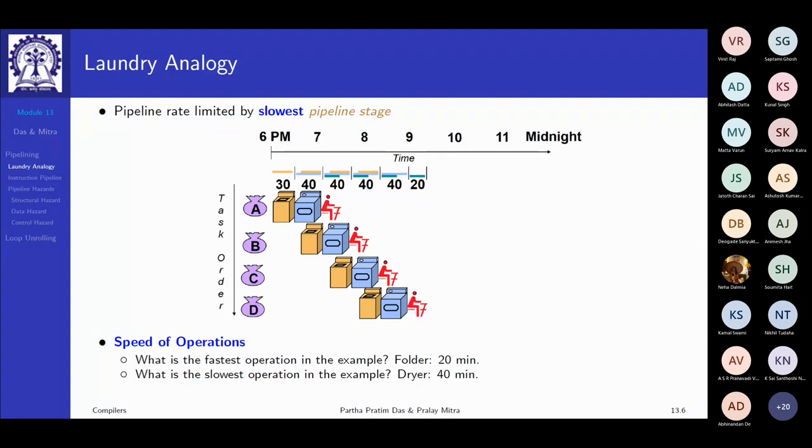Because that will have to be done for everyone. So here, as we see, the folder has the fastest operation speed of 20 minutes, whereas the dryer has the slowest. So this is the controlling, deciding factor, or this will give a bound on what is the maximum throughput that we can actually achieve.